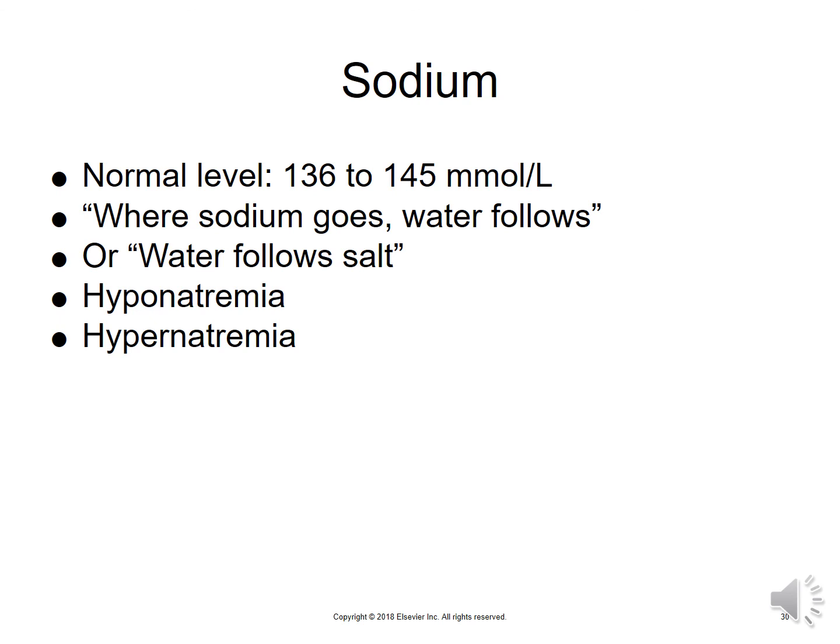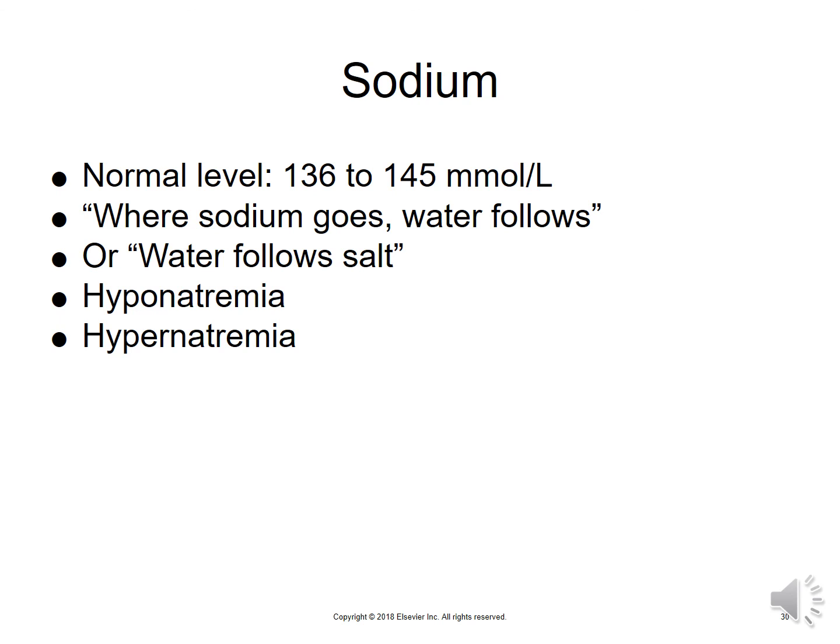So electrolyte imbalance occurs when the dietary intake of electrolytes is out of sync with the excretion of the electrolytes by the kidneys or the kidneys' reabsorption of the electrolytes. Sodium is the solute that determines the osmolality of the extracellular fluid.